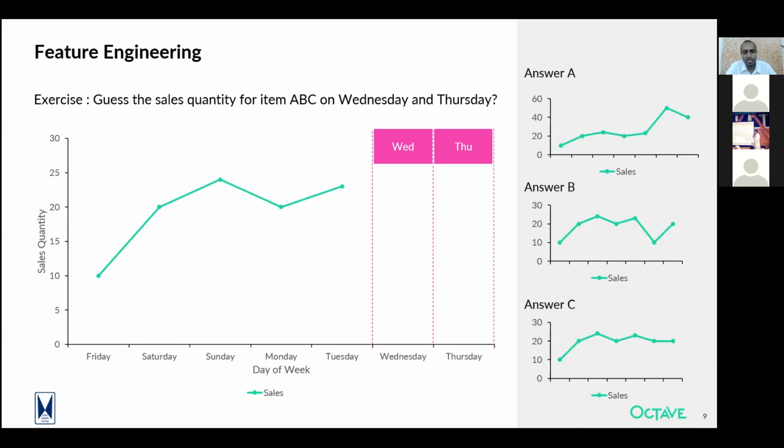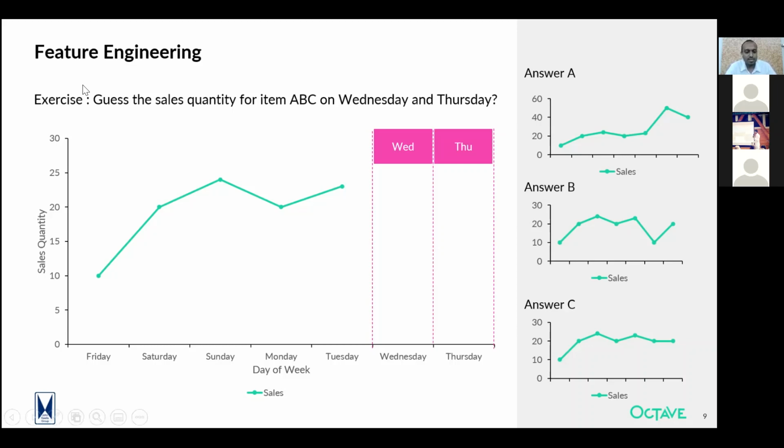So when it comes to this question, it's highly unlikely that the answer would be A, but more often than not, the answer could be either one of B and C. But then again, we cannot say with confidence that you can exclude option A. But as per this slide, the possible answers, your choices could be answer B and C. So if we could move on to the next slide.